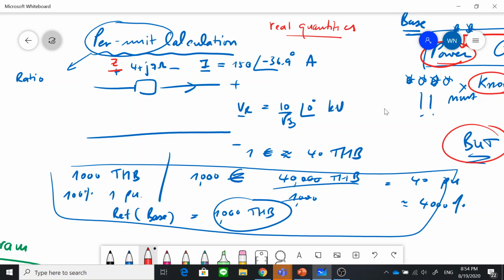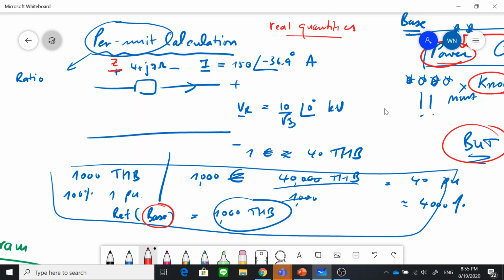The key concept is that you have to change these real quantities to be in percentage. How would you change this to percentage or to per unit? The idea is the same. When we want to change 1,000 baht to 100%, you have to take the base, and we say how big the 1,000 baht is compared to the base.